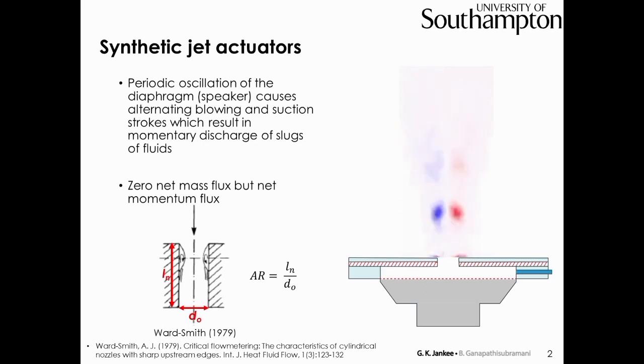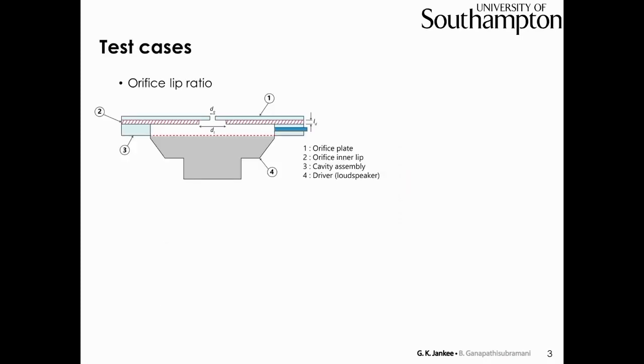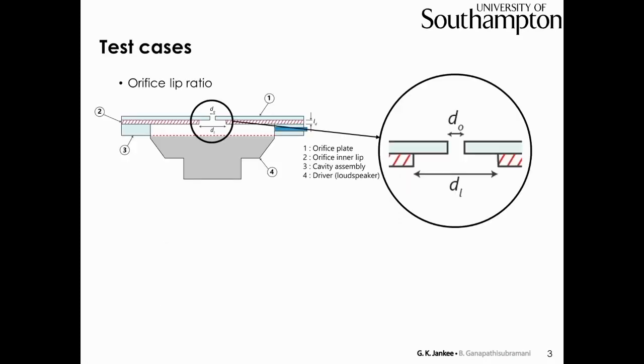So what we are trying to do is to alter the internal geometry of the orifice, and in that sense, we can find a solution to the problem caused by necking. To do that, we define a novel concept, which we call the orifice lip ratio. We divide the orifice plate into two parts, and the lower part we call the orifice lip plate.